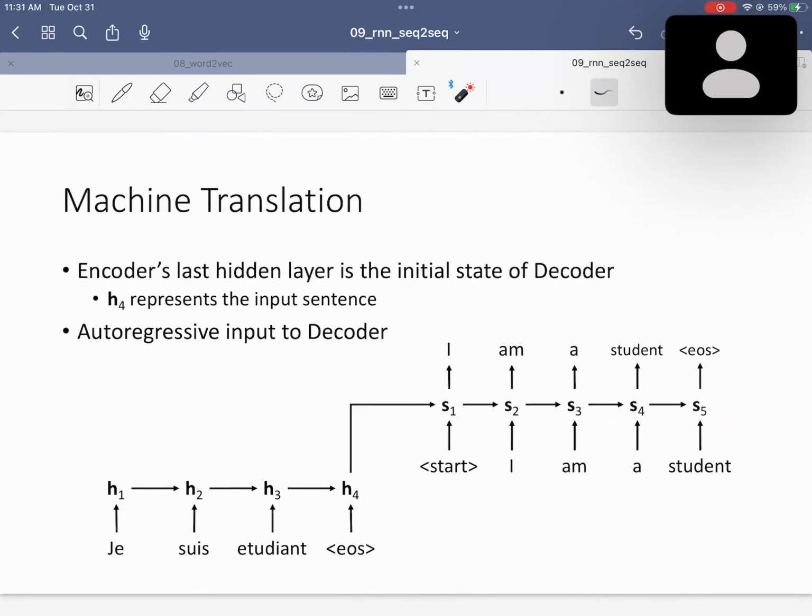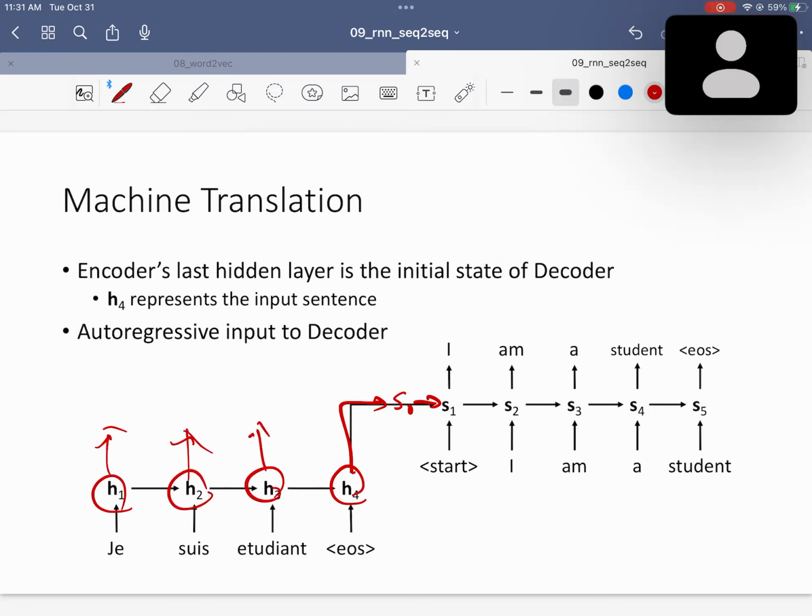So actually there should be an S0 here, and H4 is going to be S0. The output from all the other places is not used.